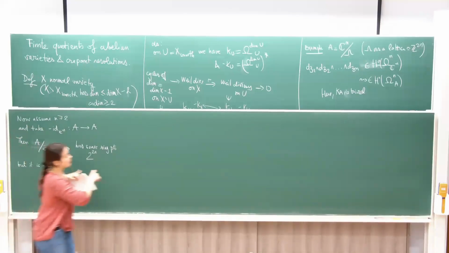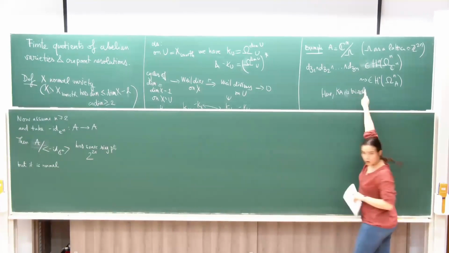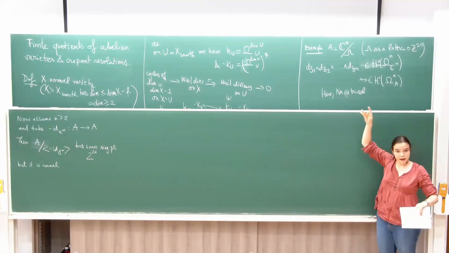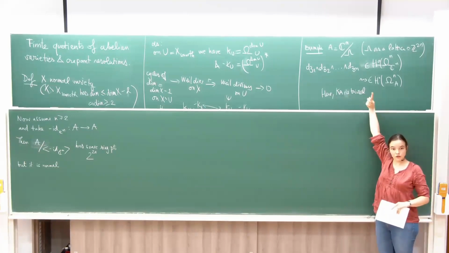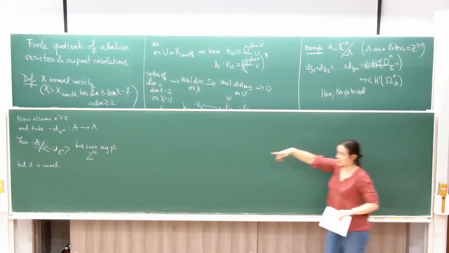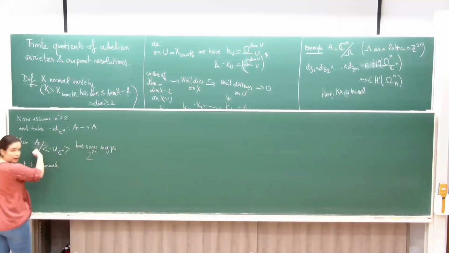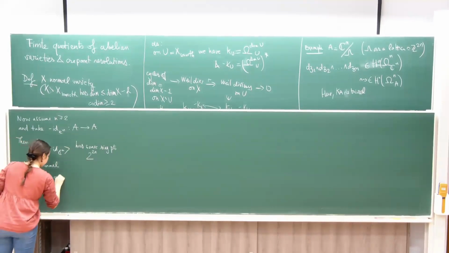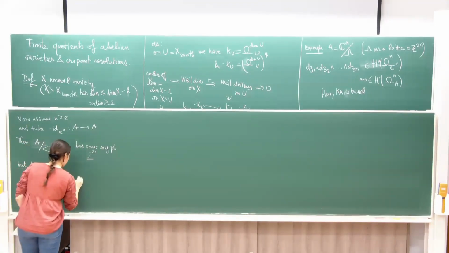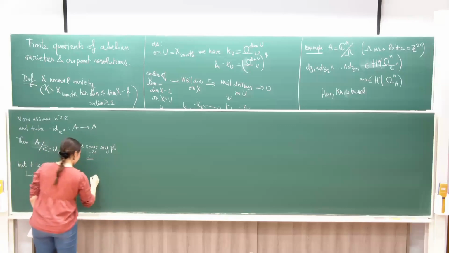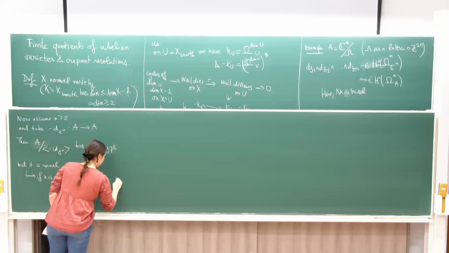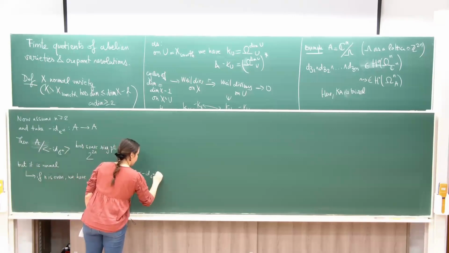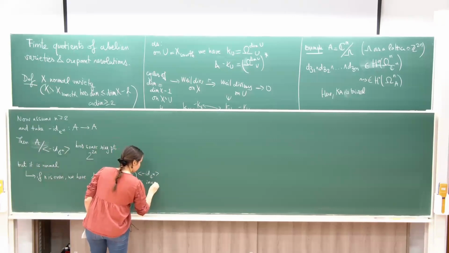And here, if you look at this form and you try to act by minus identity, well, each z_i is going to be replaced by minus z_i. So you see that if n is even, you haven't changed the form. So you still have a form, so you still have a canonical divisor here that's trivial. So if n is even, we have that this is invariant by the group action.